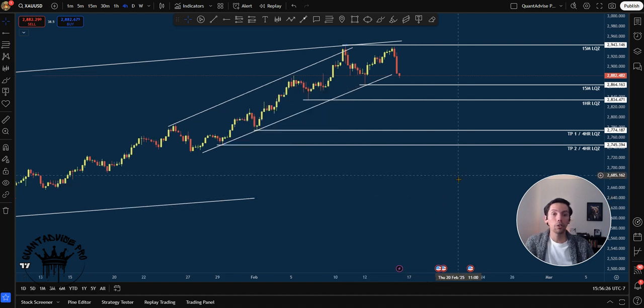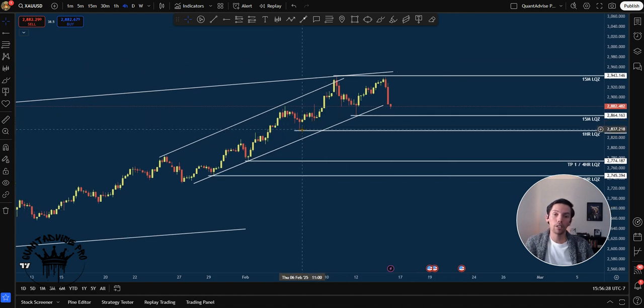Now, the liquid zones are just areas of price where price came, price no longer could stay in that area and immediately pushed back up, and it never came back down, right? So when price pushed up here, let's grab our highlighter, price pushes up here, comes back down, and then it fails to grab this low and instead just continues higher. So now that's an area of interest for me.